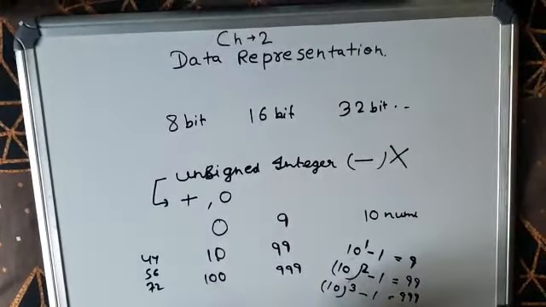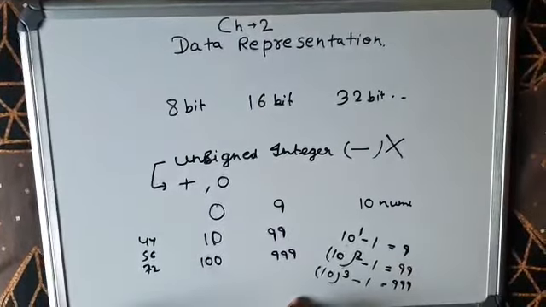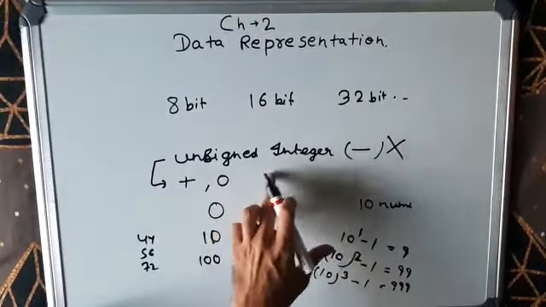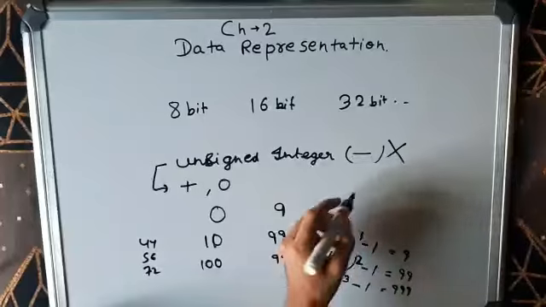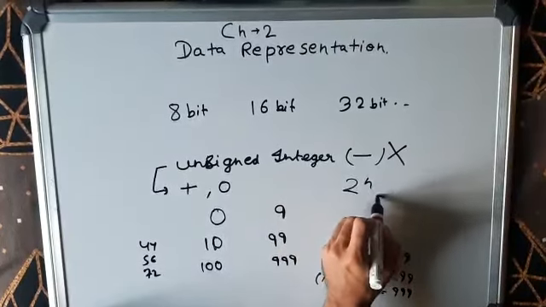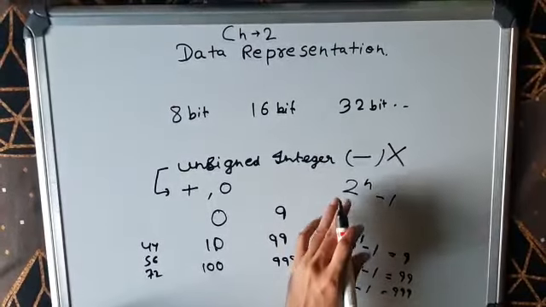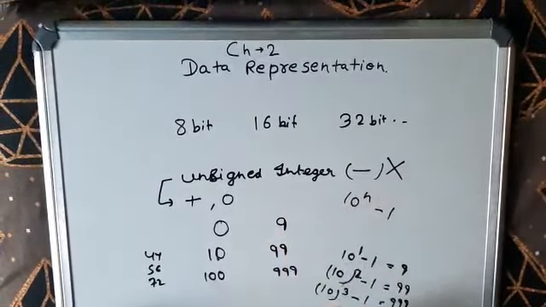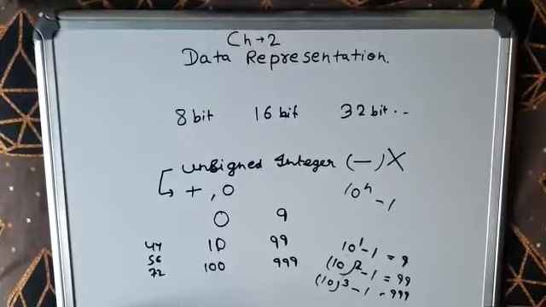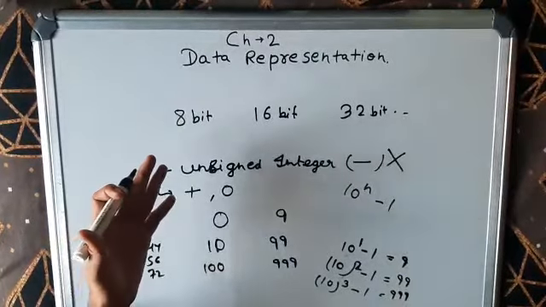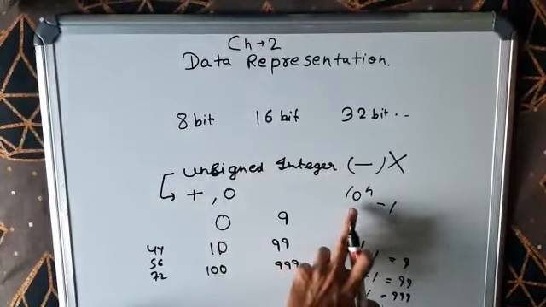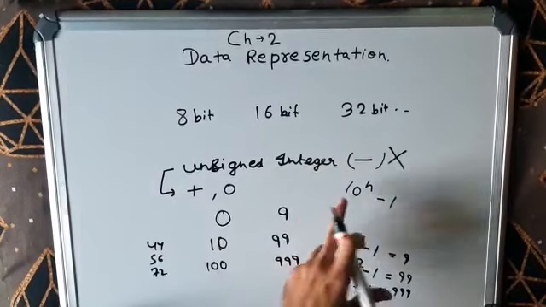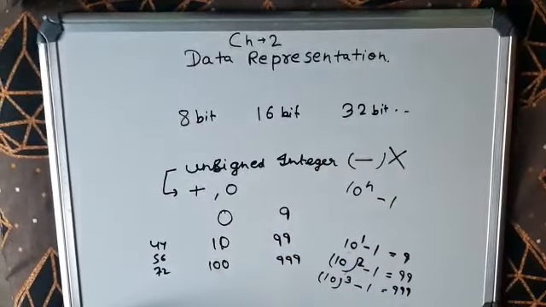So this gives a common formula to us. To represent unsigned integers, this will be 2 to the power n minus 1, or you can also write for the decimal system 10 to the power n minus 1. For the decimal system we use base 10, and for binary we use 2 to the power n.